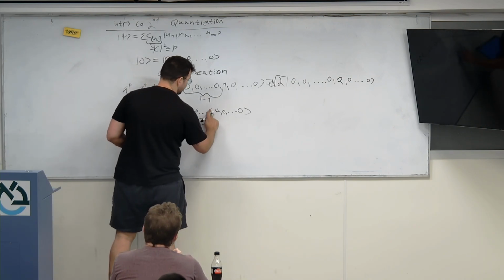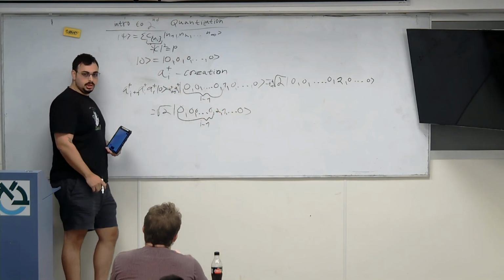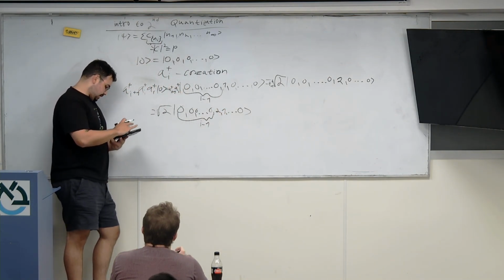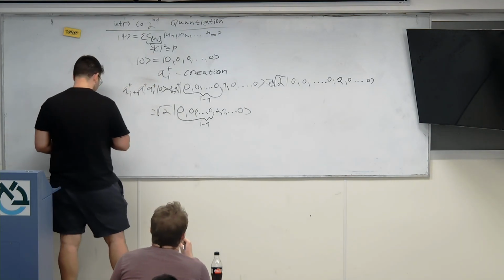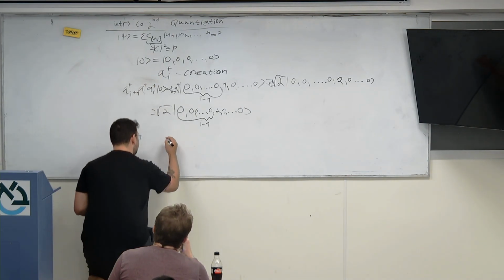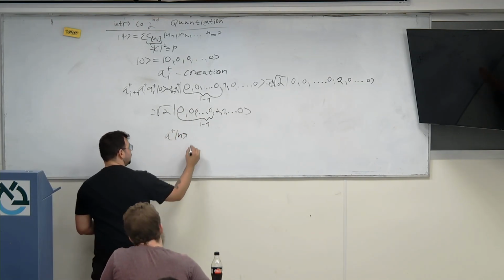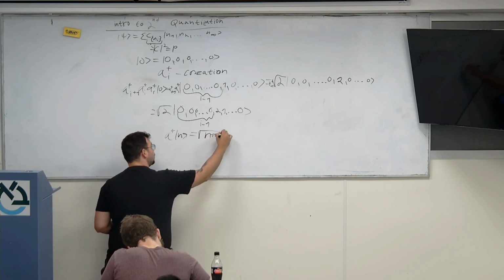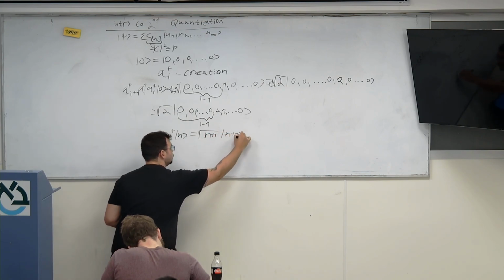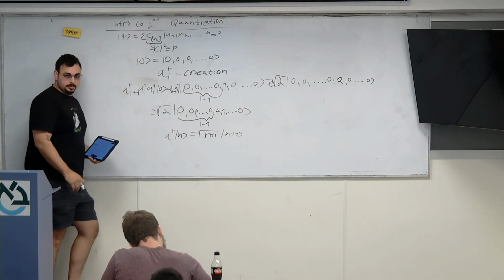Plus 1. Okay. So it's like this. It's very simple. The full equation, the general equation for the creation operator, was a dagger acting on |n> equals square root of n plus 1 times |n+1>. This is the most general form of the creation operator.